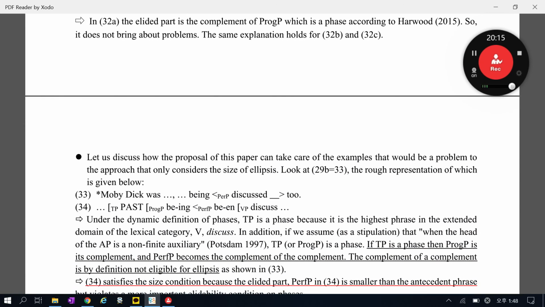Now, let us discuss how the proposal of this paper can take care of the examples that would be a problem to the approach that only considers the size of ellipses. Look at 29a, which is reproduced in 33.